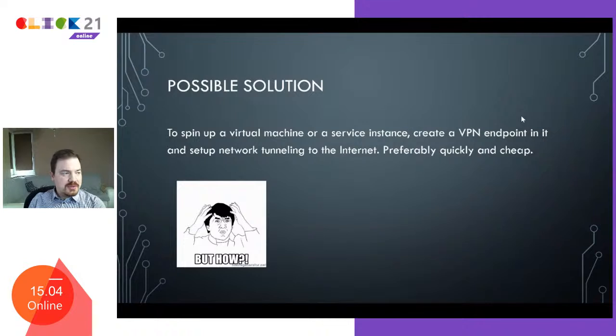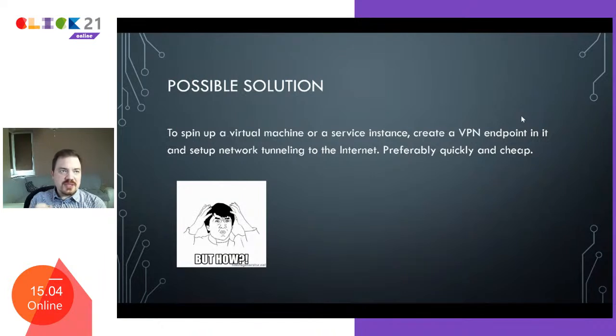Okay, possible solution, right? We have to spin up a virtual machine or a service instance, whatever it is, we don't know yet. We have to set up a VPN endpoint in this virtual machine, and then set up network tunneling to the internet. Once again, it's not enough to just create a VPN connection to your Azure network.